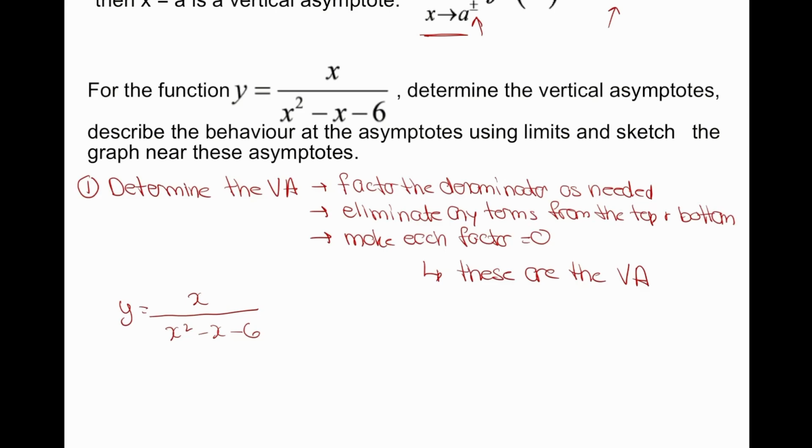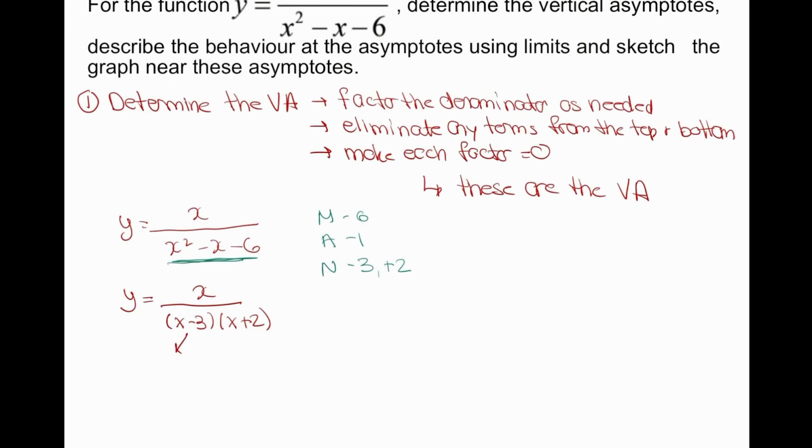We are looking to find the factors that multiply to be negative 6 and add to be negative 1. So what two numbers do that? Well, the two numbers that do that are negative 3 and positive 2. So my factors for this are going to be x minus 3 and x plus 2. So let's go ahead and factor that out. So y equals x over x minus 3, x plus 2.